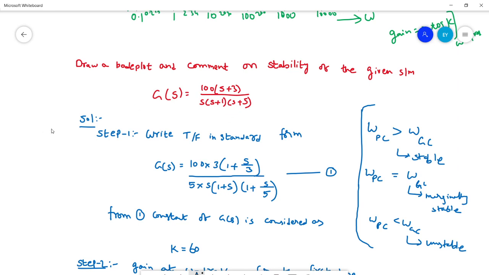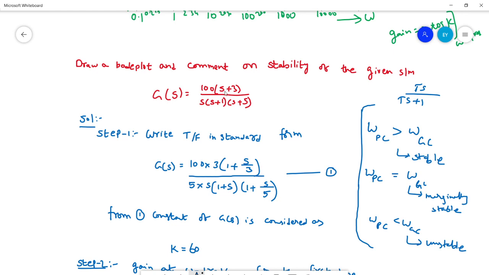So the first step is to convert the given transfer function into standard form. That is, write the transfer function in terms of tau s plus 1. If you don't have a coefficient on the s term, you have to take the coefficient from the pole point.